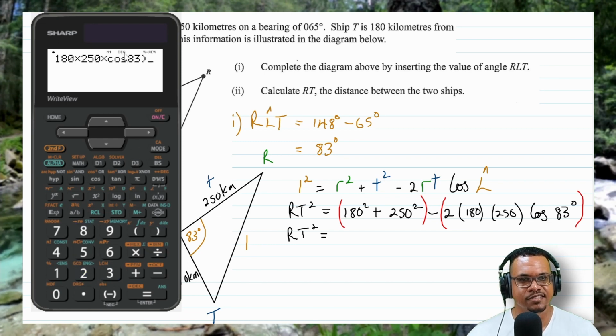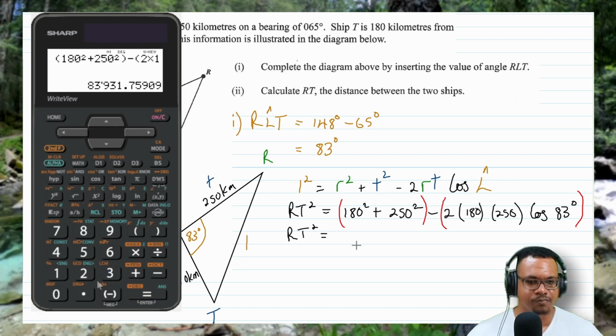And of course, make sure your calculator is in degrees because our angle is in degrees. Press equal, and this is our value for RT squared. So that's 83,931, and I'll approximate it to be 0.8.